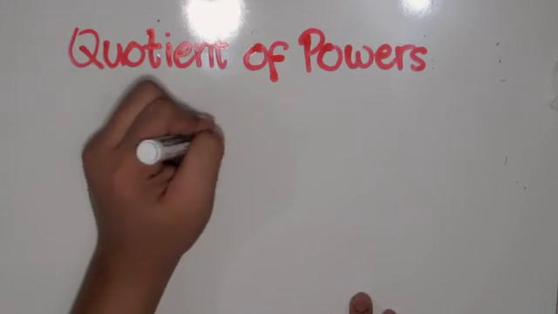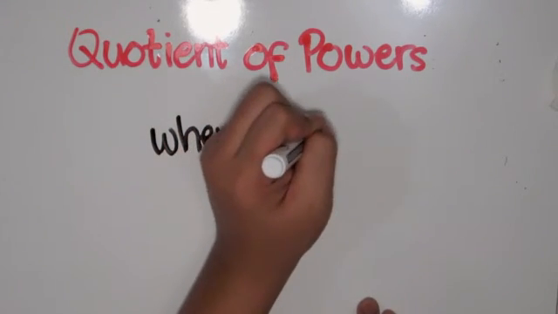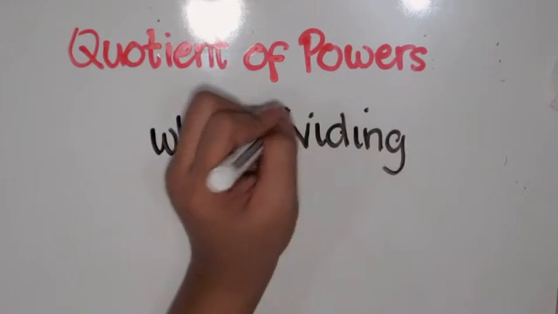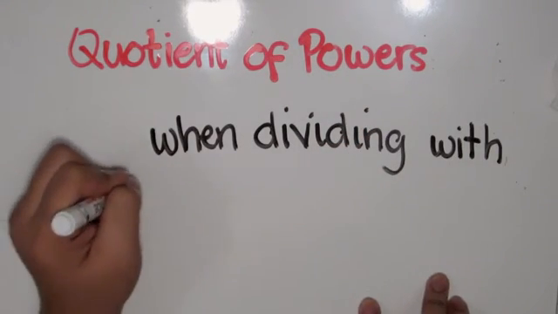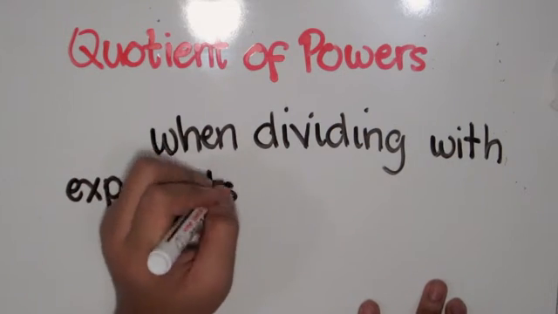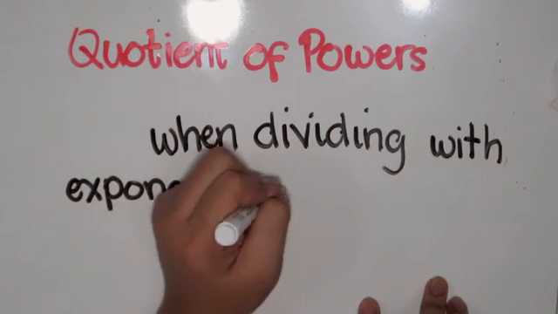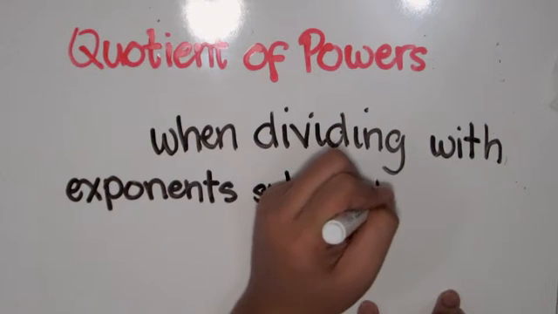Now let's talk about the quotient of powers. So when we are to divide the exponents, we must subtract the exponents.